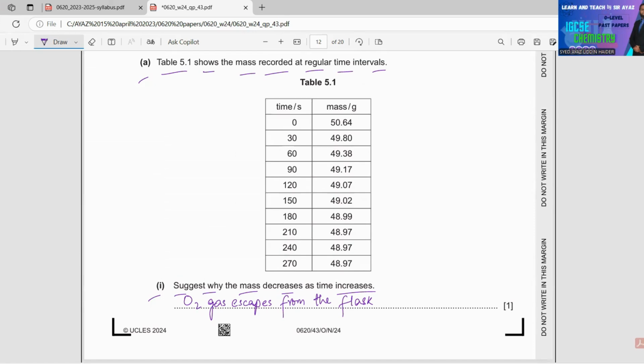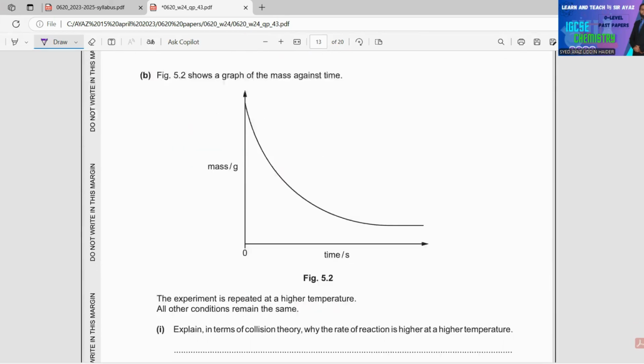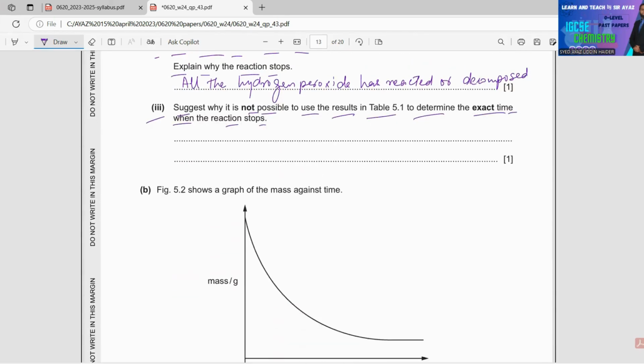There will be time intervals too large. That's why we can't use the results. These results can't be used to determine the exact time when the reaction stops.